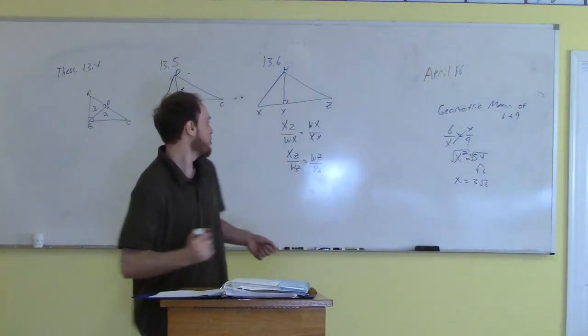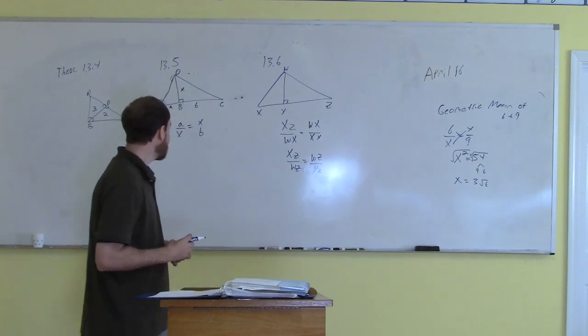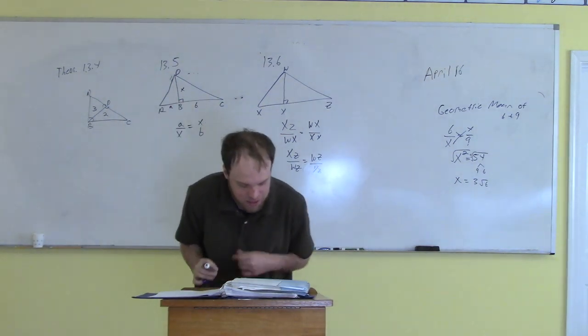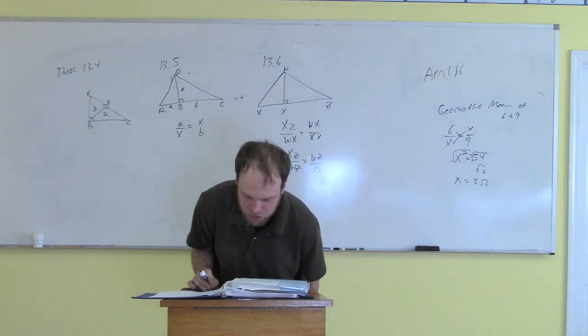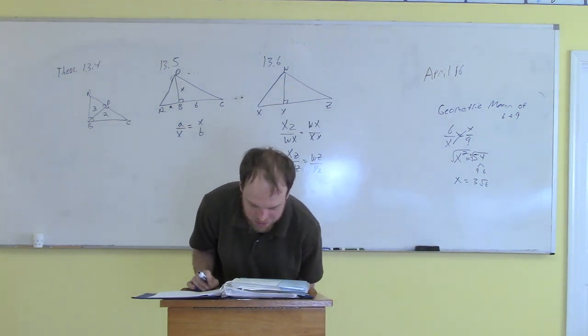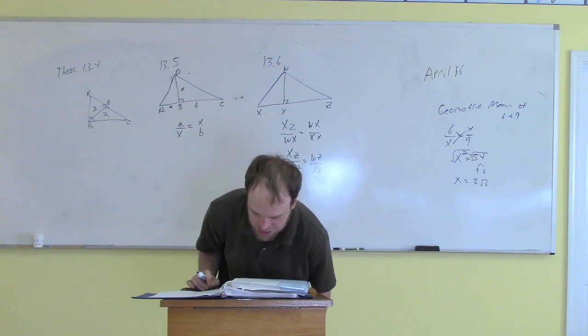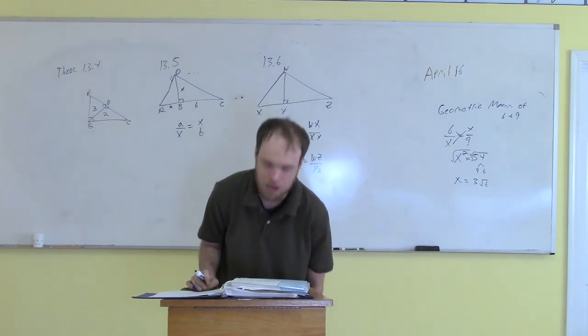And so what the theorem is actually saying is, in a right triangle, the altitude to the hypotenuse cuts the hypotenuse into two segments. The length of the altitude is the geometric mean between the lengths of the two segments of the hypotenuse.